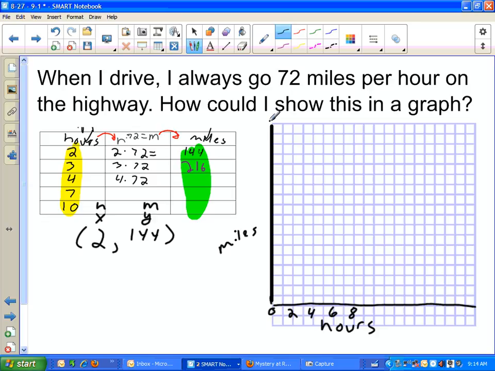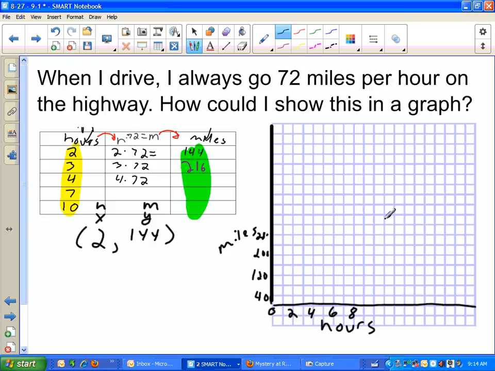So I'm going to count up by, let's say, I don't know, we'll call it 40. So 0, 40, that'd be 80, 120, 160, 200, 240, 280. Now I have a graph I can plot my points on.